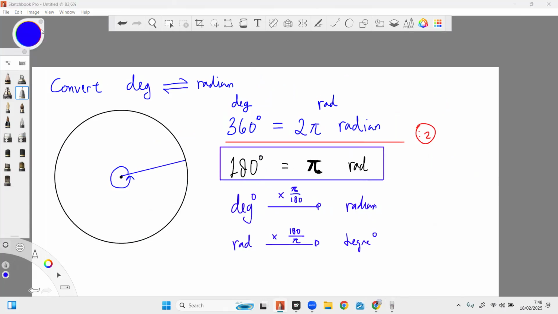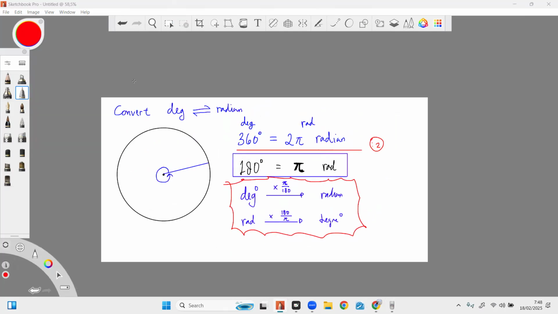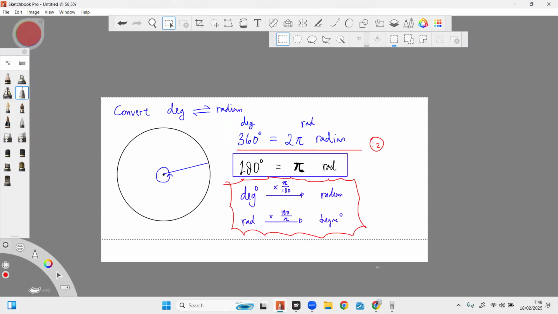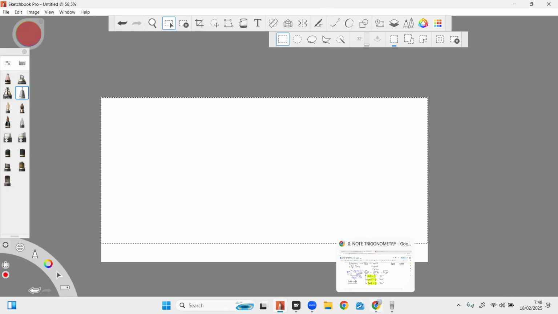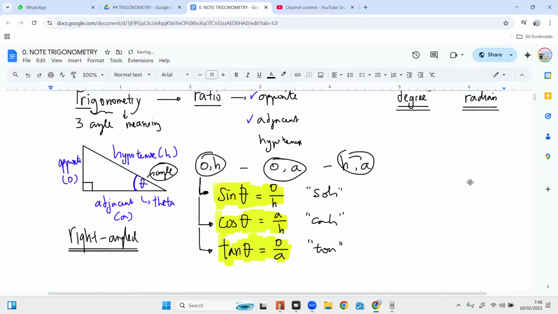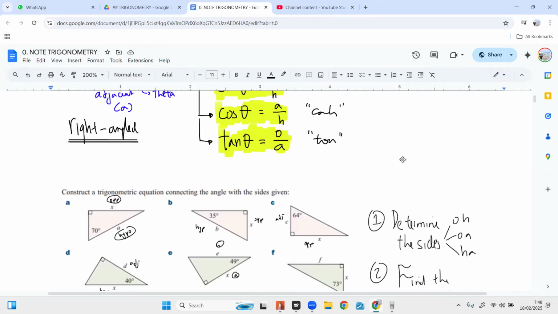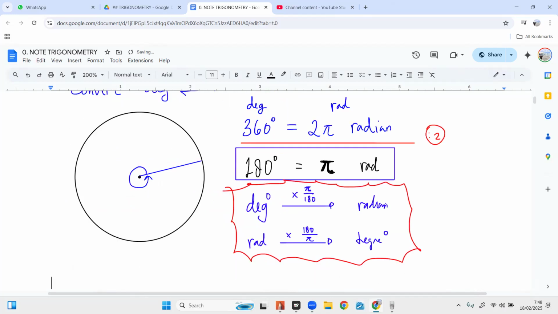There is a shortcut if you want to do it instead. But if you want to do it in the rational ratio order, just put 1 on one side and put the other number to get the answer. Okay, that's the conversion of degree to radian. Now, let's go to the next part, which is special angle.